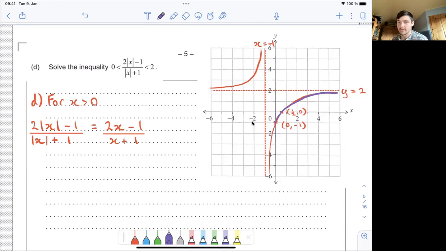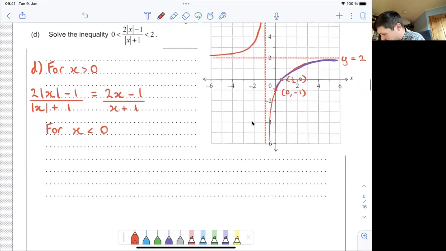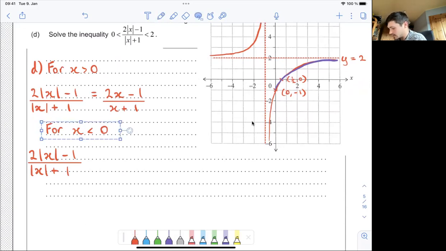Now let's have a look at when x is negative. So for x less than 0, this idea here, 2 multiplied by the absolute value of x, minus 1 over x plus 1. Now, we're considering only negative values of x, and what this absolute value sign does is make these negative values positive.